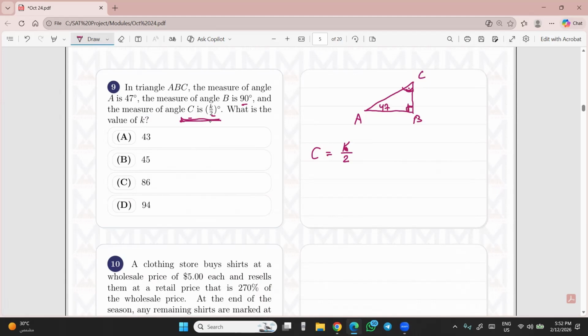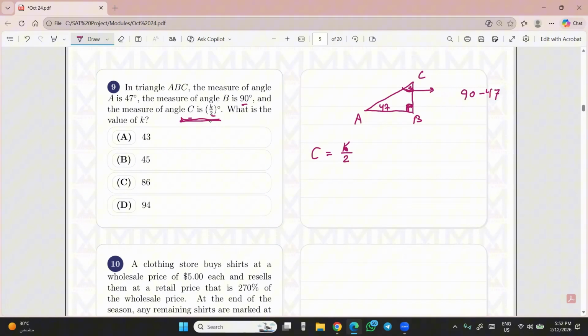And whenever you have a 90 degree angle, it's not good to say 180 minus 47 plus 90, and you get the answer, which is equal to 43. It's better and easier and quicker to say, if you want to get the angle C, you just say 90 minus 47.